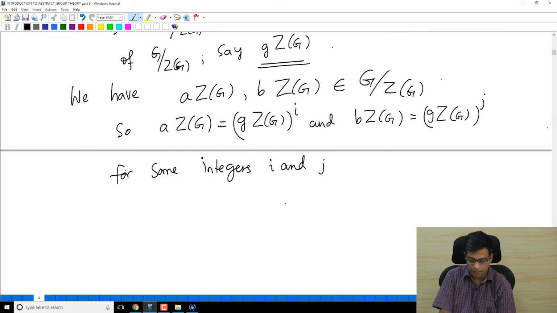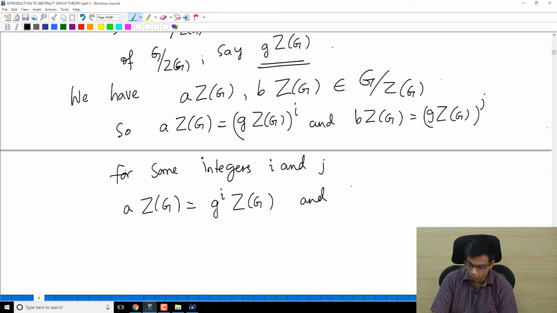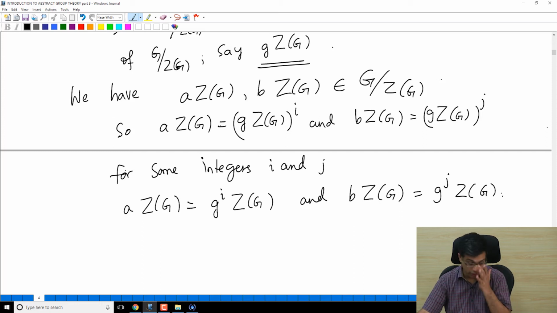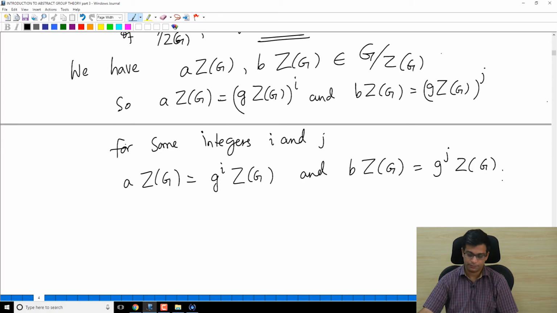Because g generates it, these two elements are powers of it. So that means A ZG is g power i ZG and B ZG is g power j ZG. This is the meaning of coset multiplication.